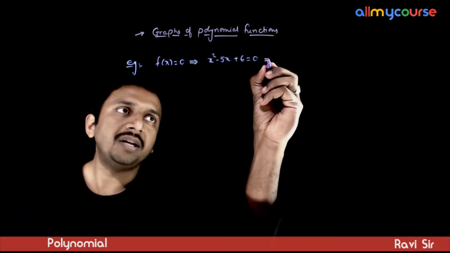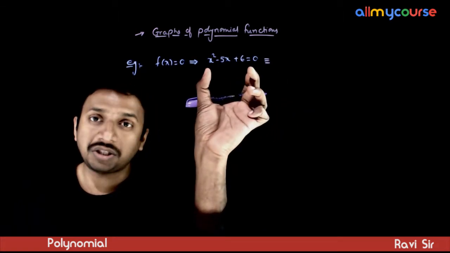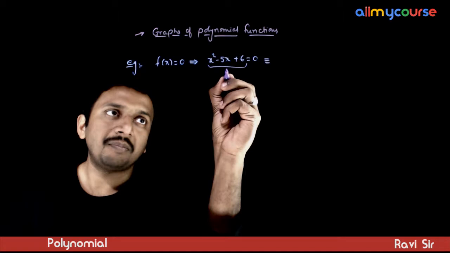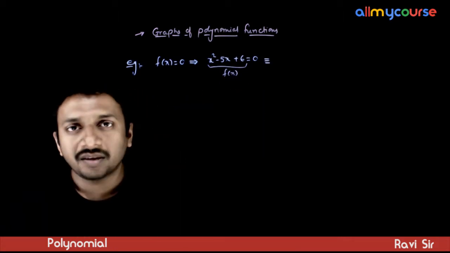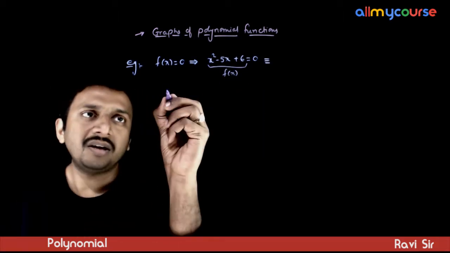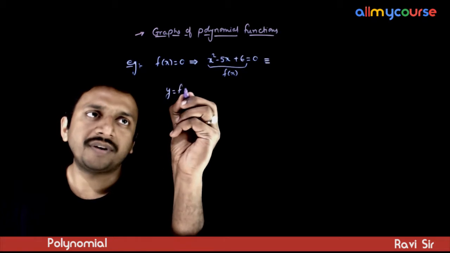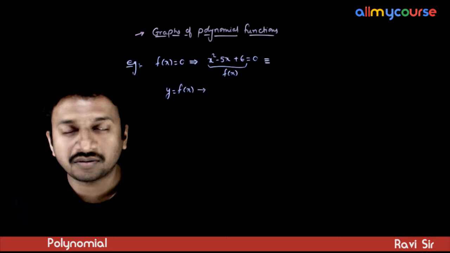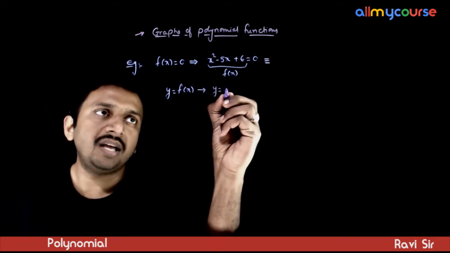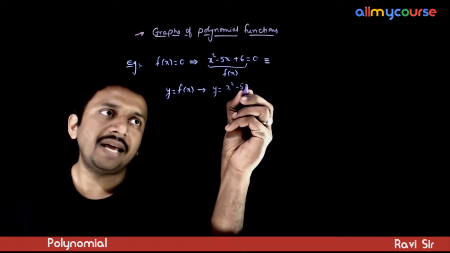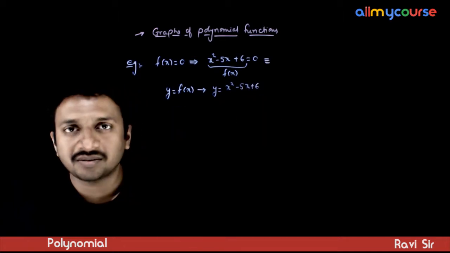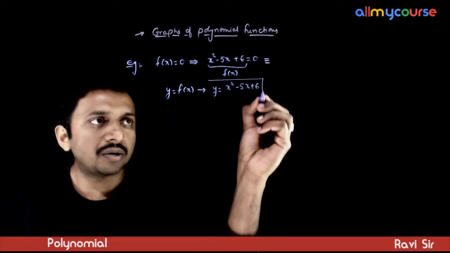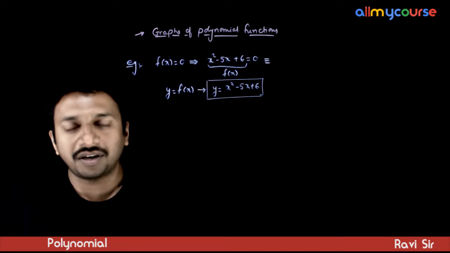Now corresponding to this equation, this is my f of x. If I define a function y is equal to f of x, this is called a polynomial function. That is, y is equal to x square minus 5x plus 6. So this is called a polynomial function.